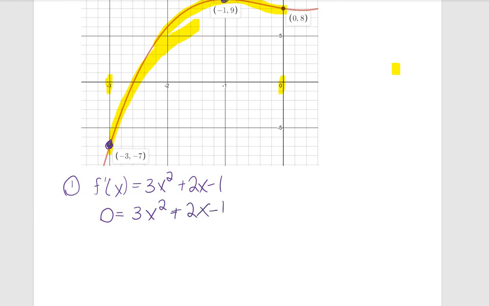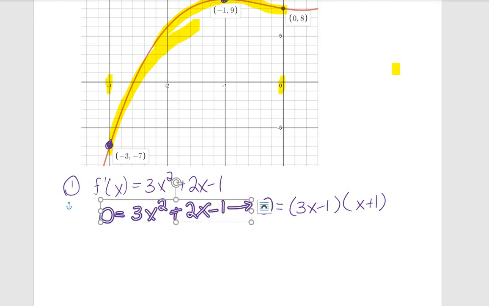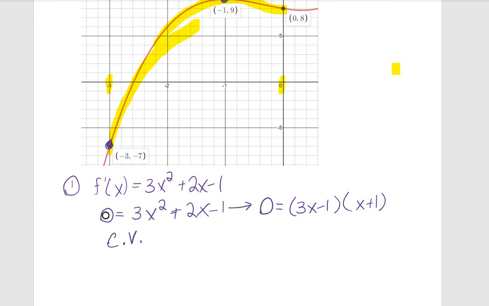So after we set it equal to 0, this is actually going to be the same thing as 0 equals 3x minus 1 times x plus 1. So what we get for critical values are going to be when x equals 1/3 and when x equals -1.